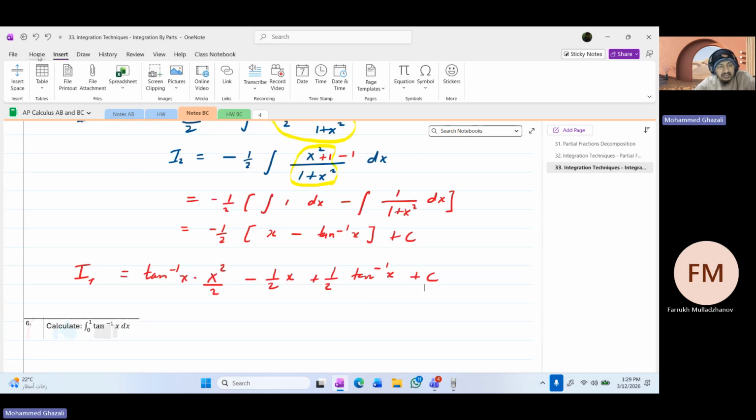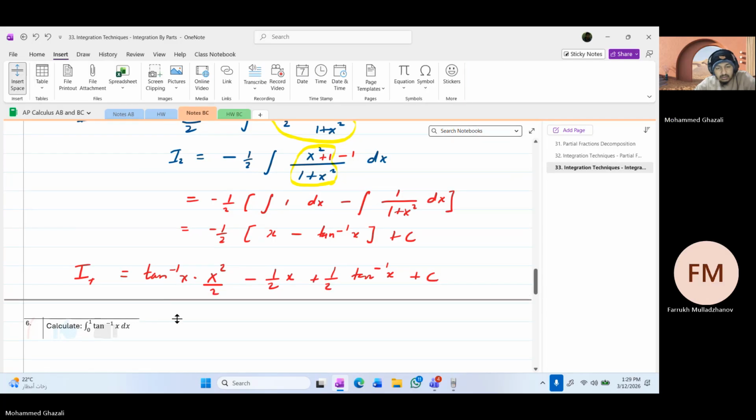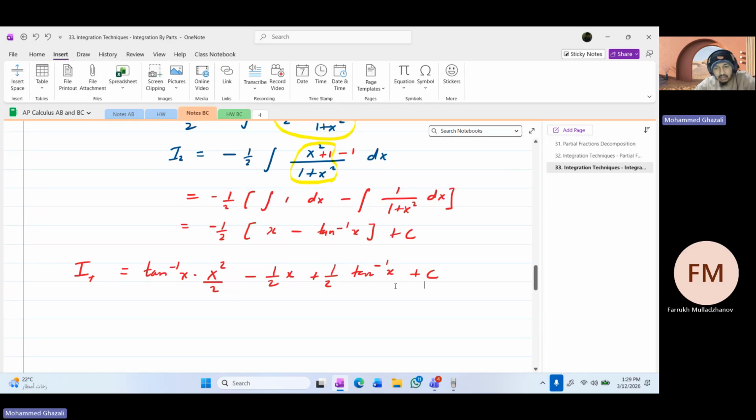We can take out half tan inverse x as a common factor if you want. That gives half tan inverse x times x squared plus 1, because I'm taking that out and dividing, minus half x plus c.